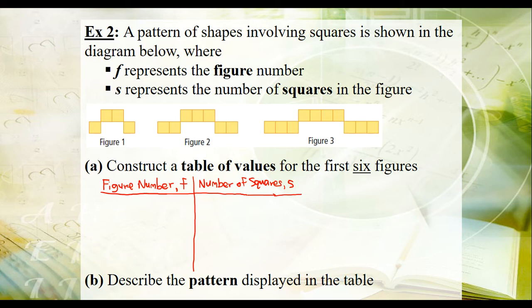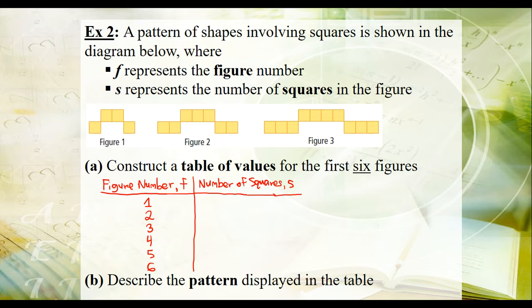It's just whole numbers. So we're going to do the first 6 figures: 1, 2, 3, 4, 5, 6. Now, I only see 3 figures here, but we're going to be able to identify a pattern to figure out what the other figures would be.